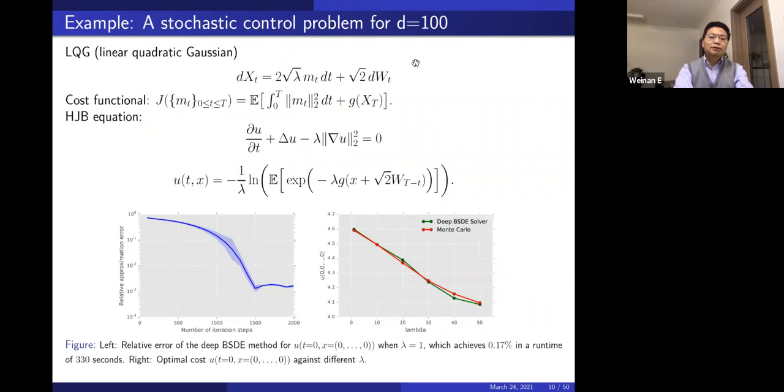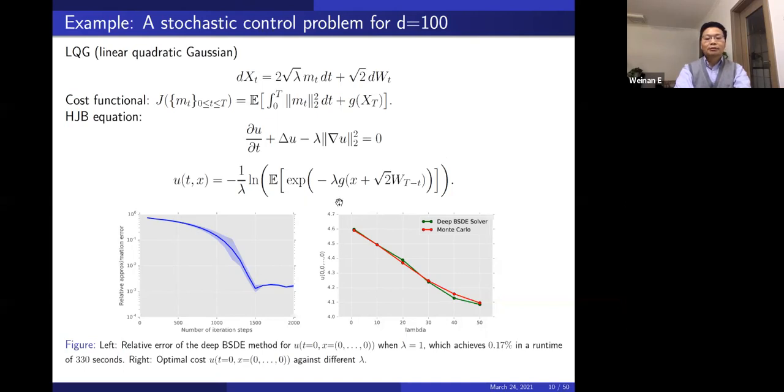The solution of this PDE problem, that value function of this stochastic control problem, solves the Hamilton-Jacobi-Bellman equation, which is this guy. And then one can write down, again, it's a terminal value problem. One can apply the well-known Hopf-Cole transformation to this problem, and then write down the exact solution, which is this.